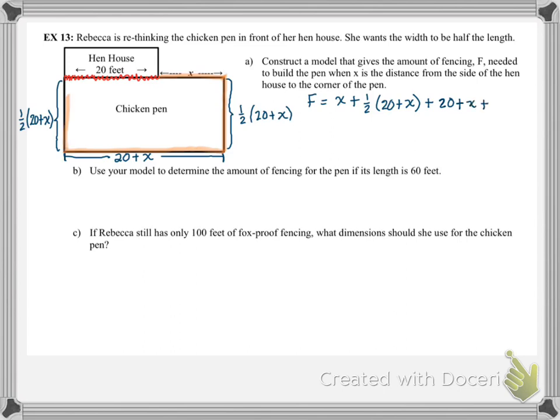And then back up to our hen house is 1/2 times 20 plus x.